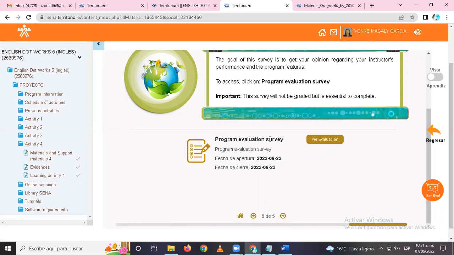Cierto, esta evaluación, pero realmente no es una evaluación del programa, aquí dice evaluación del programa, es una encuesta evaluativa del programa de formación. No es académica, no es sobre los contenidos, sino es más de lo administrativo, del acompañamiento, ¿sí?